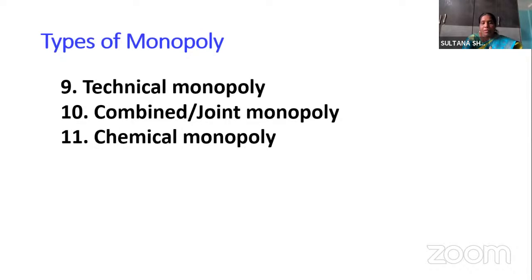Chemical monopoly: for example, in a lab, if any medicine or chemical product is discovered, the person has the copyrights on that product. That is chemical monopoly. Technical monopoly: the person who first discovered the technology has the monopoly on the technology. Like these, types of monopolies are there.